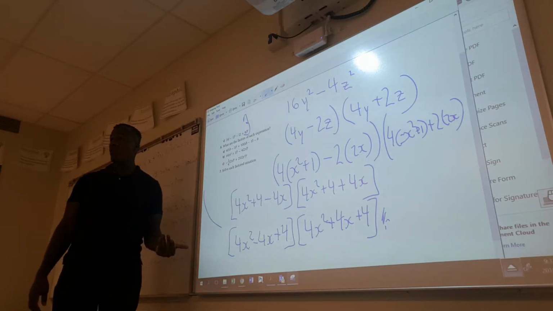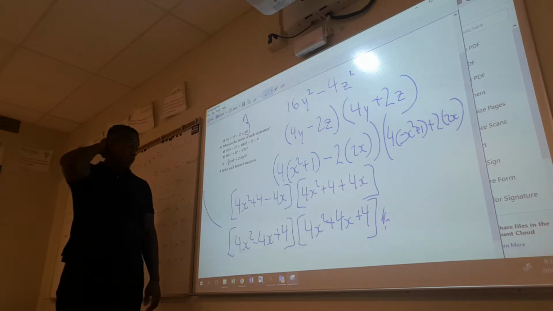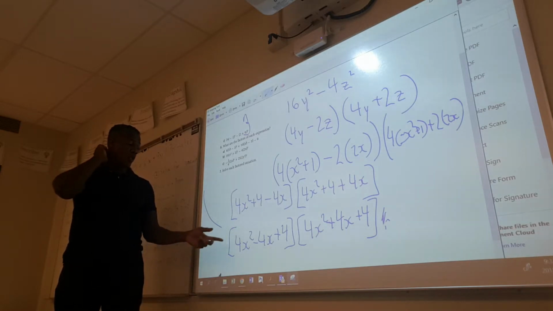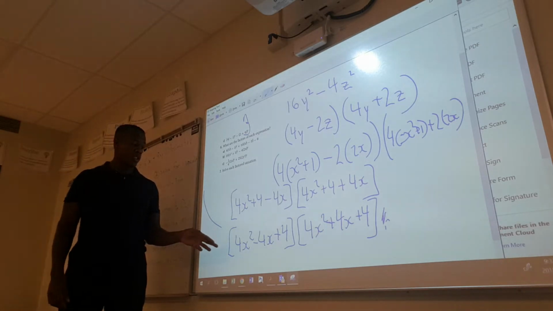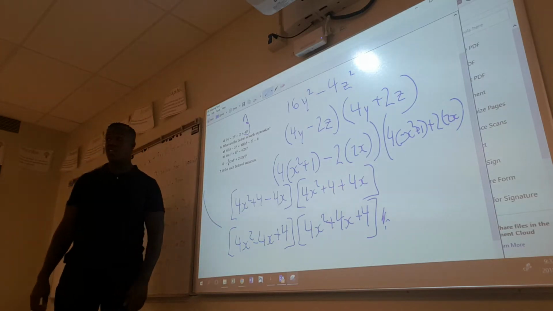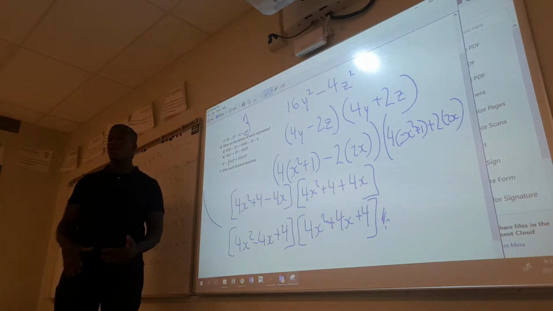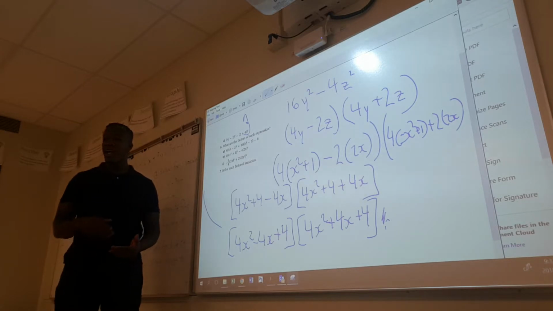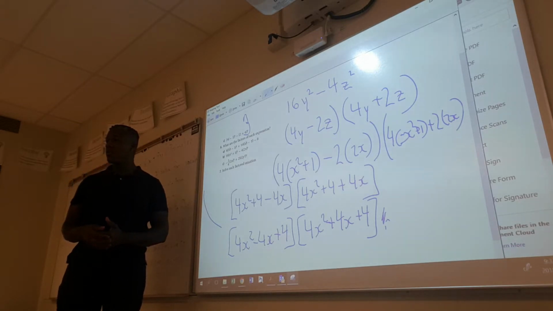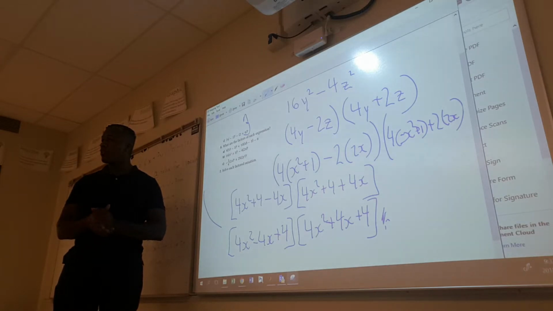Yeah, we can factor out a 4. Even if we do factor out a 4, let's just do our little logic test here. 4 times 4 is 16. Two things that multiply to become 16, but add up to become negative 4. Do we have that? Can we think of anything there?